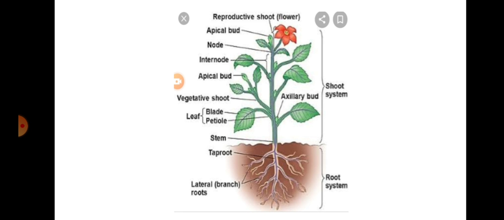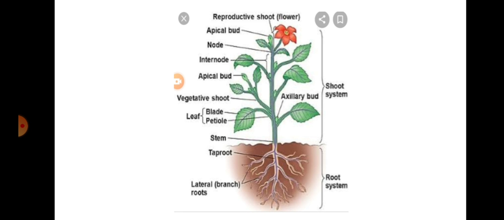Different types of asexual reproduction. The first one, vegetative propagation. What is vegetative propagation? As the name suggests, this type of reproduction takes place with the help of the vegetative parts of the plant.